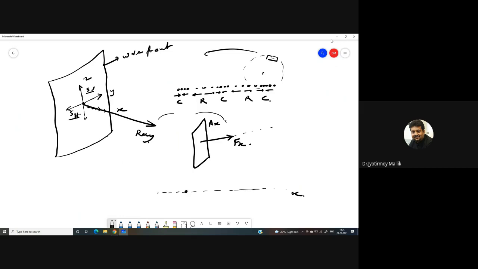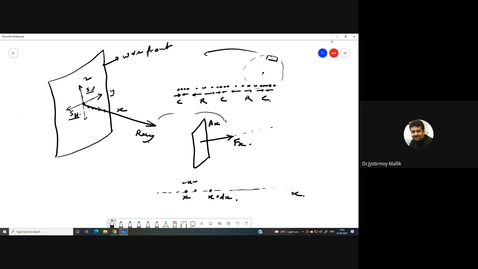One particle is situated at a distance of x from my origin, from my reference frame, and another particle is situated at a distance of x plus dx. Let us say that at a particular instant when this propagation is happening, the particle at x has a displacement of u.